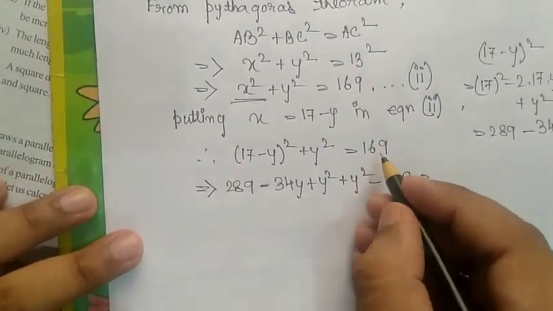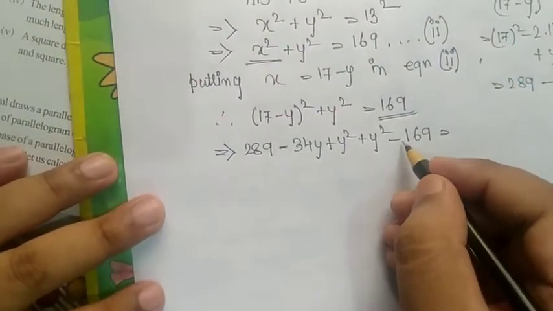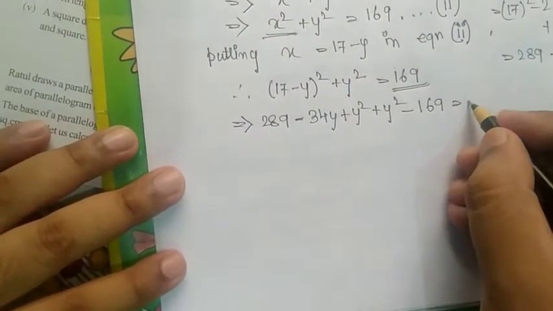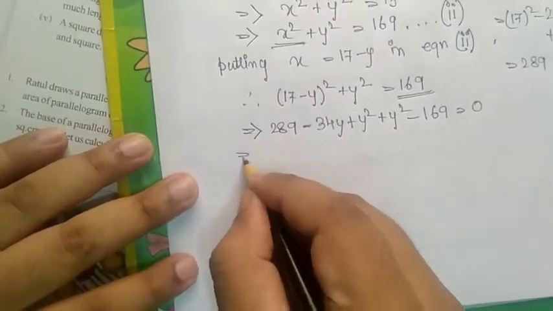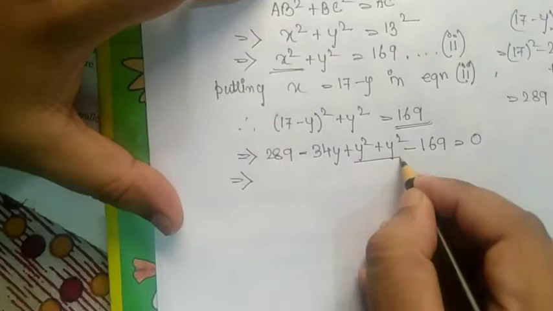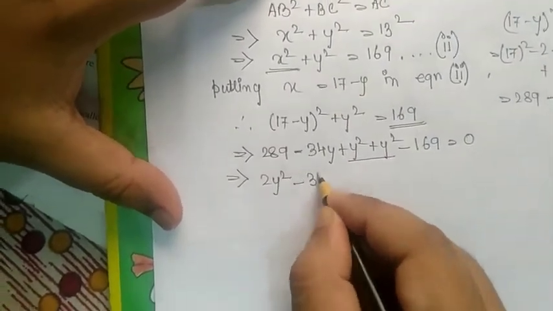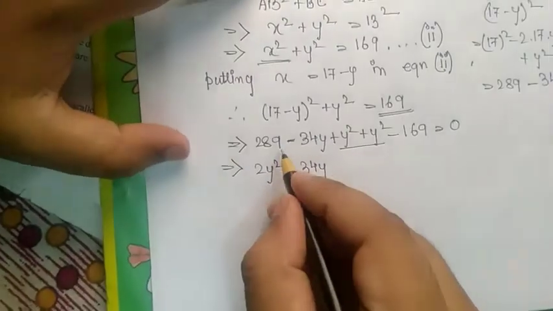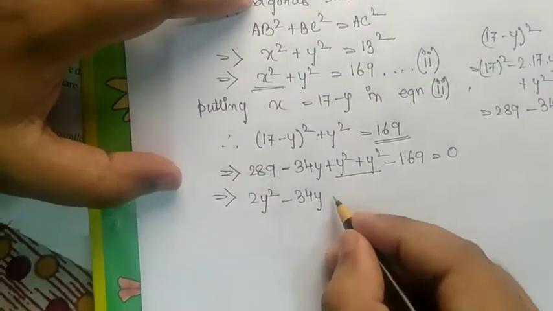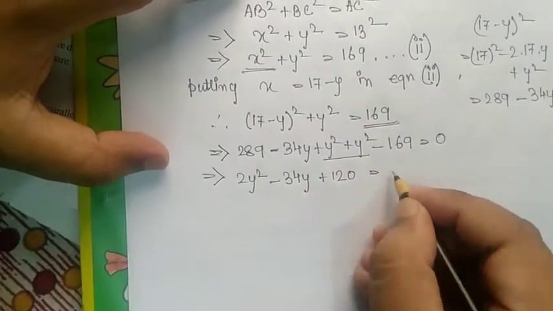We put 169 from the right hand side to the left hand side, therefore the sign should be changed, it should be minus. Now we arrange it in sequence. Y square plus y square means 2y square minus 34y, and 289 minus 169 means plus 120 equal to 0.